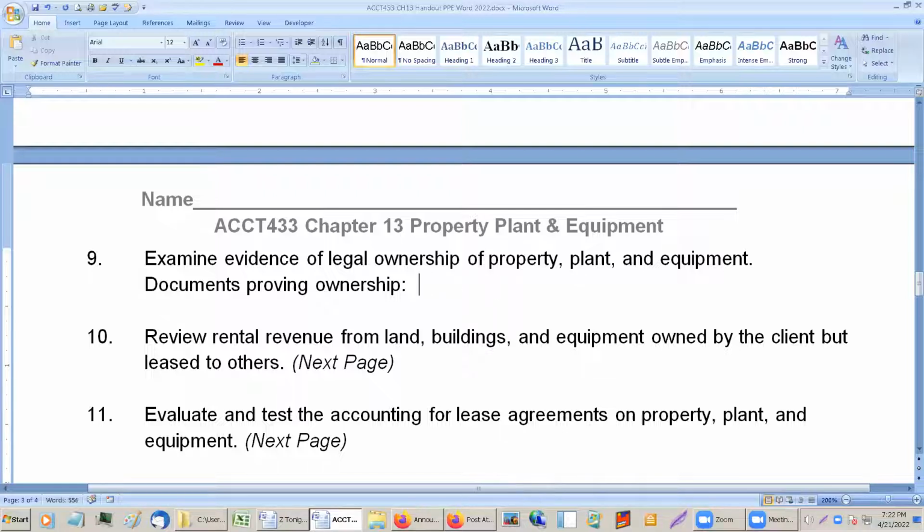Property and plant, that's land and building. That is going to be usually a deed.